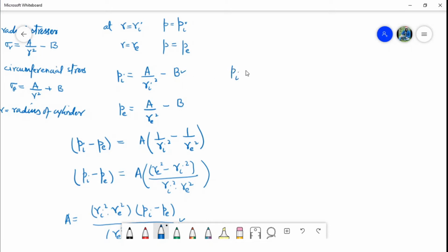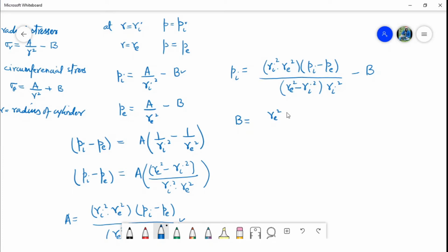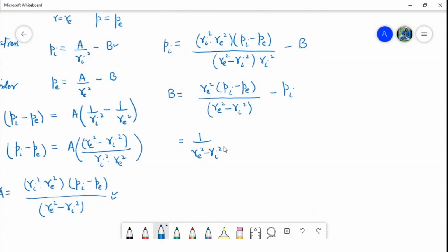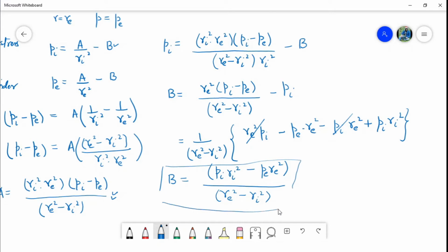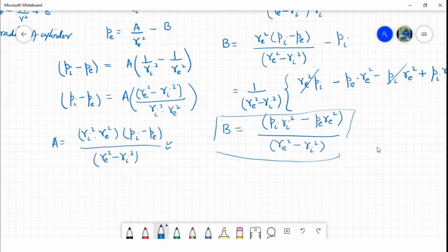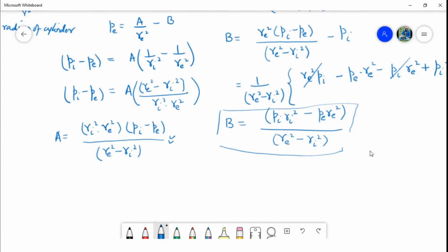We get Pi is equal to... this will be the value of B. So from here we get the values of both A as well as B.